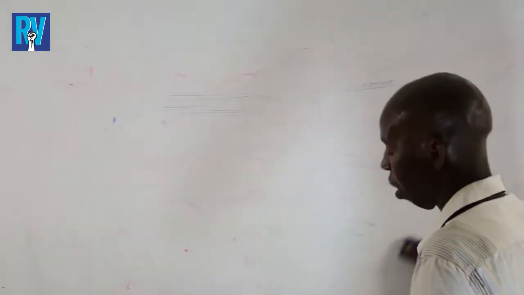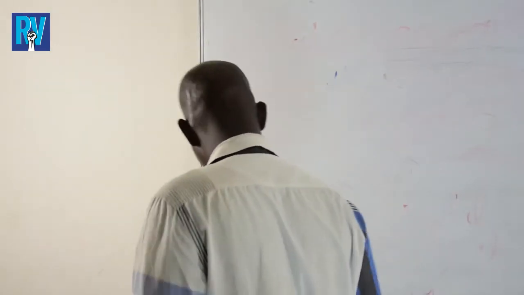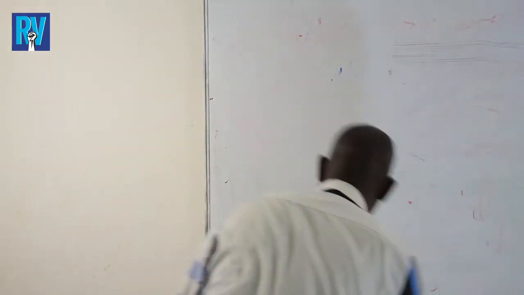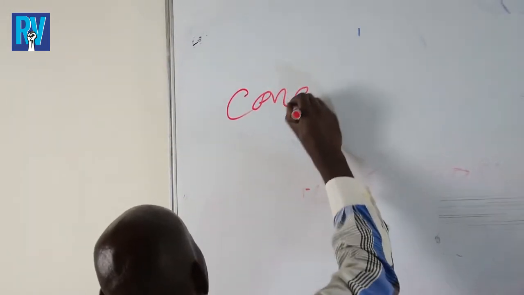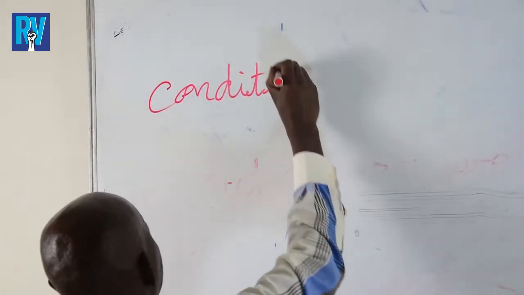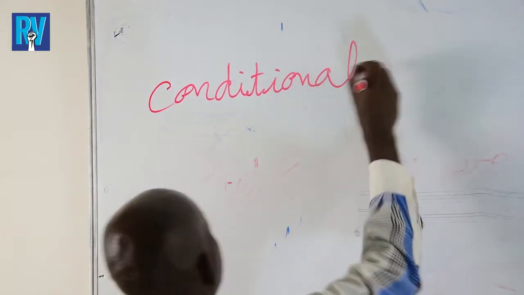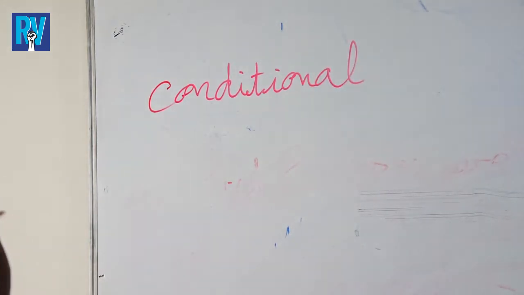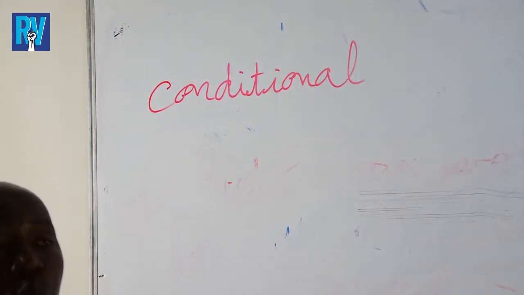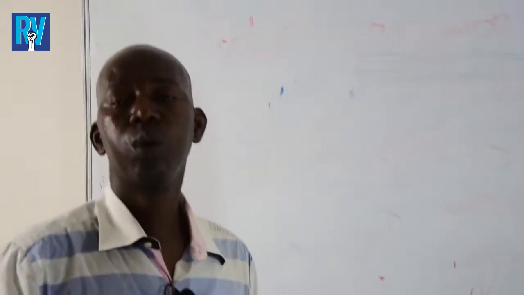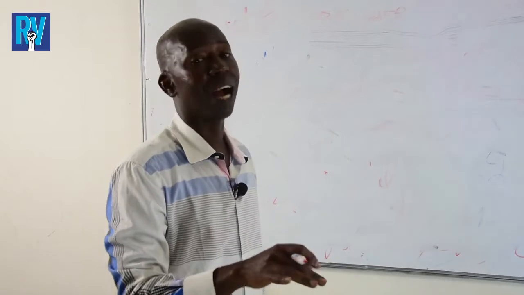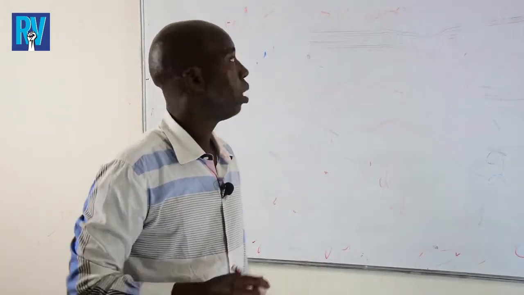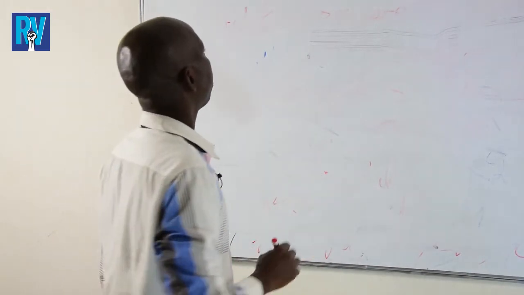Let us see the conditional. Okay, before we start the tense, we have to know the subordinative conjunctions, because the subordinative conjunctions are very important in the conditional. Right?